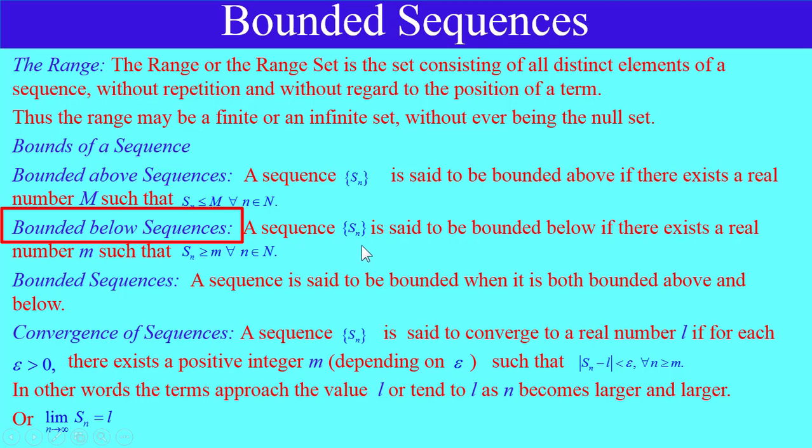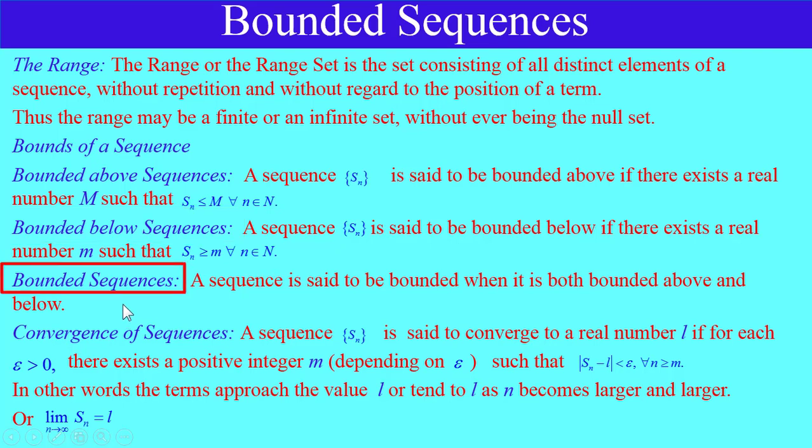A sequence Sn is said to be bounded below if there exists a real number small m such that Sn is greater than or equal to m for all n belongs to N. Bounded sequences. A sequence is said to be bounded when it is both bounded above and bounded below.